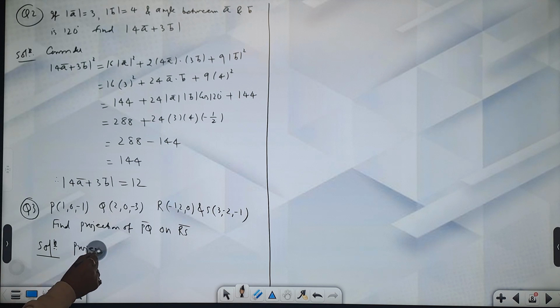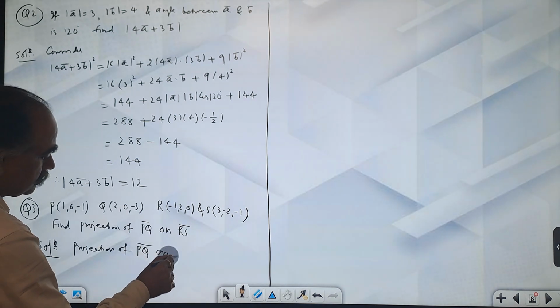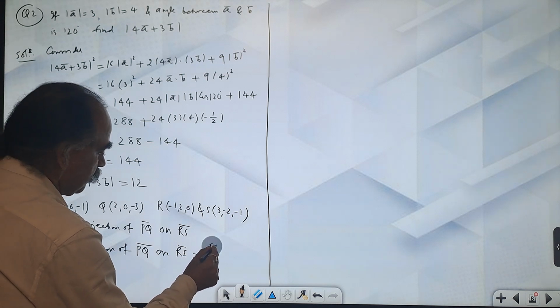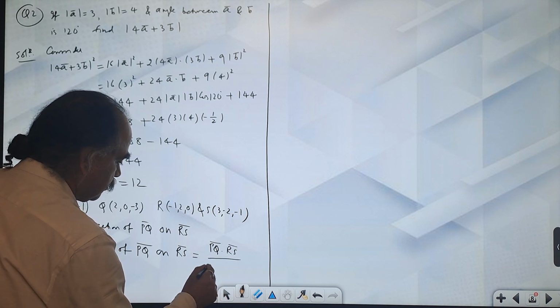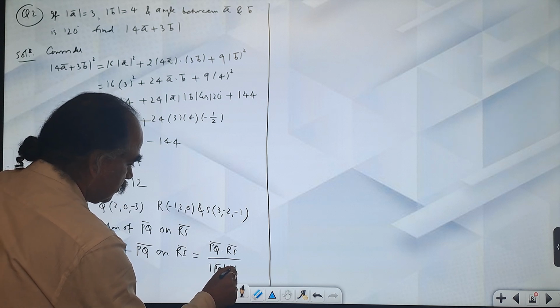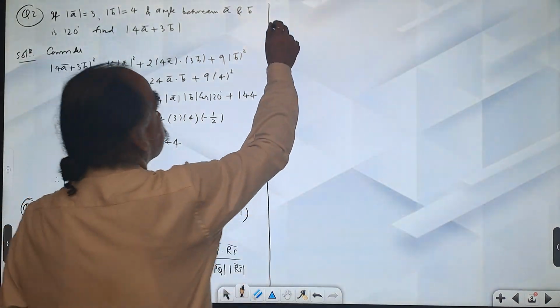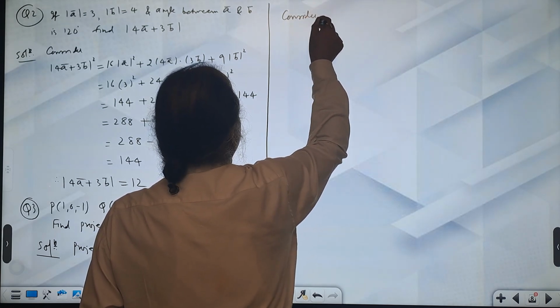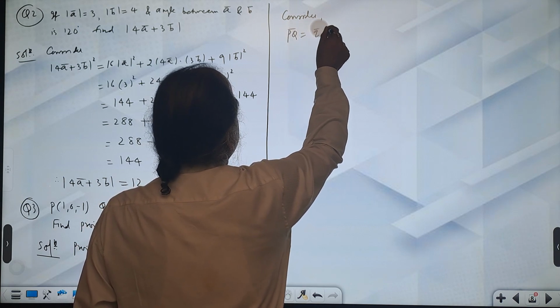Projection of PQ bar on RS bar is equal to PQ bar dot RS bar upon mod PQ bar into mod RS bar. Consider PQ bar, Q bar minus P bar.